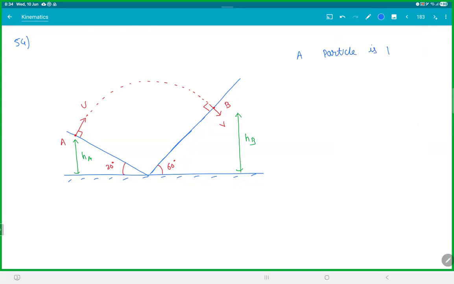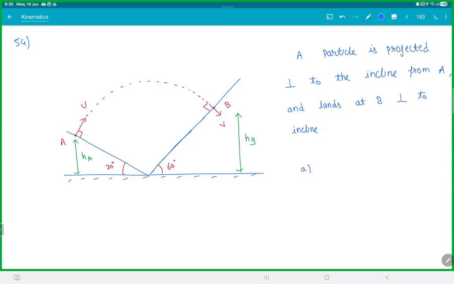The particle is projected perpendicular to the incline from A and lands at point B, again perpendicular to the other incline. So this is the thing that is happening.